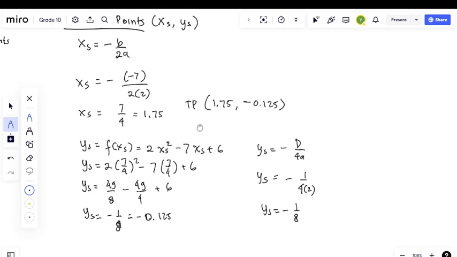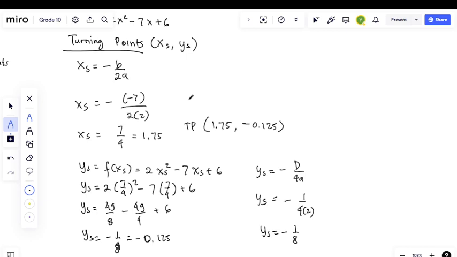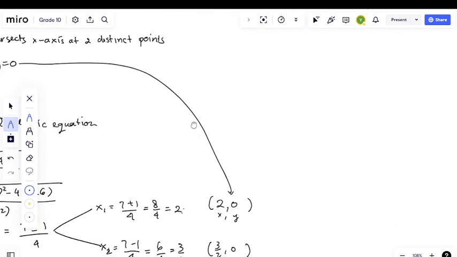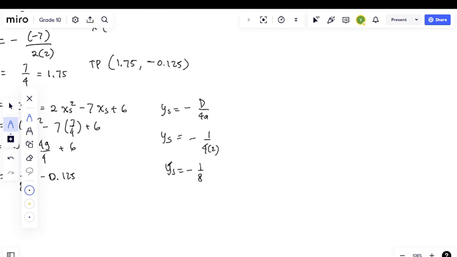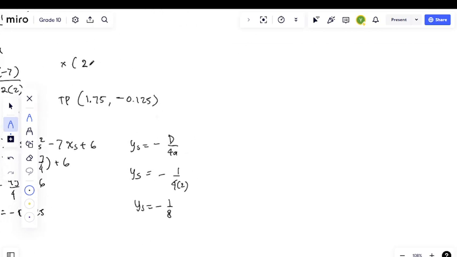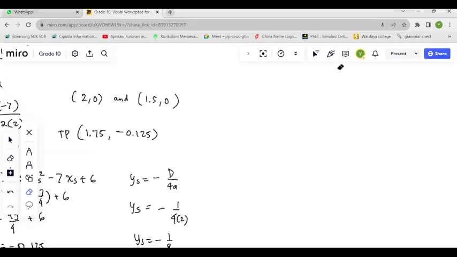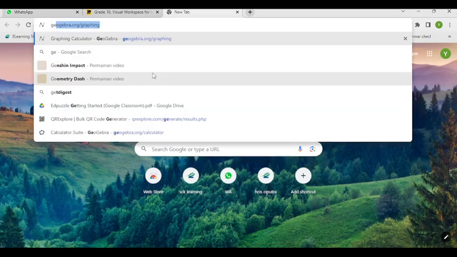And then for the intersections, we have x is here, (2, 0) and (3 over 2, 0), or (1.5, 0). Okay, so let's go to GeoGebra to make sure of it.